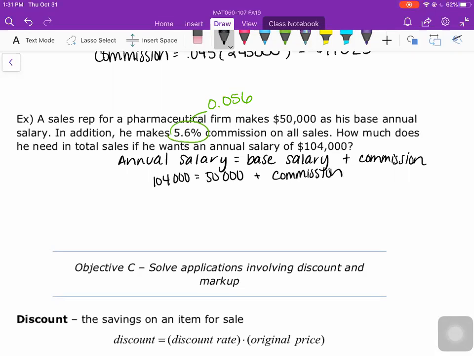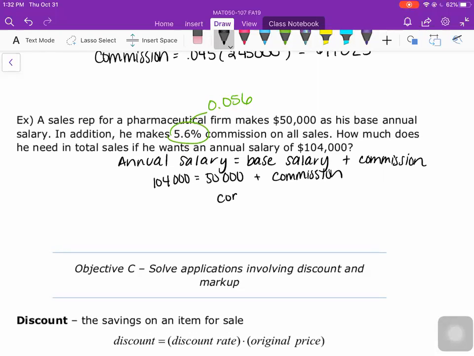And by solving this equation, by doing that subtraction, we're figuring out how much commission this person needs to make in order to have that annual salary of $104,000. Does that make sense so far? Okay, so what is the commission that this individual needs to make? $54,000.